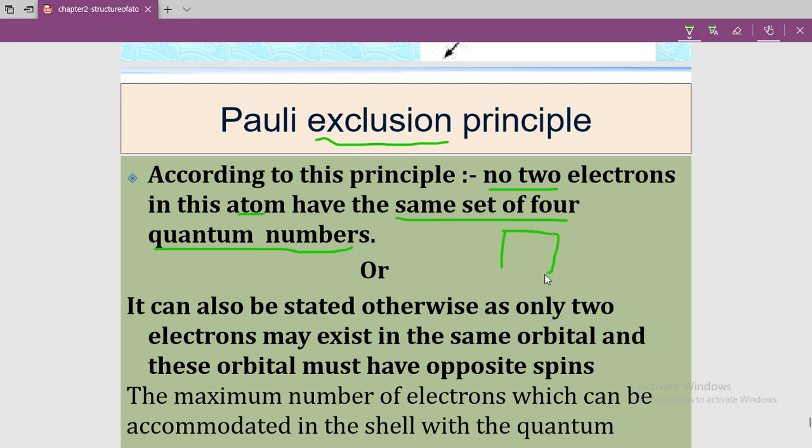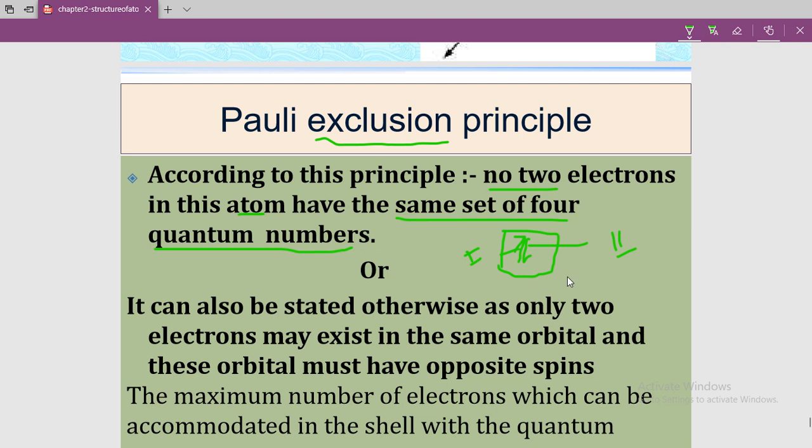Suppose this one is the orbital, this one is the first electron and this is the second electron, one anti-clockwise and the other opposite. For both electrons, all quantum numbers are not similar.